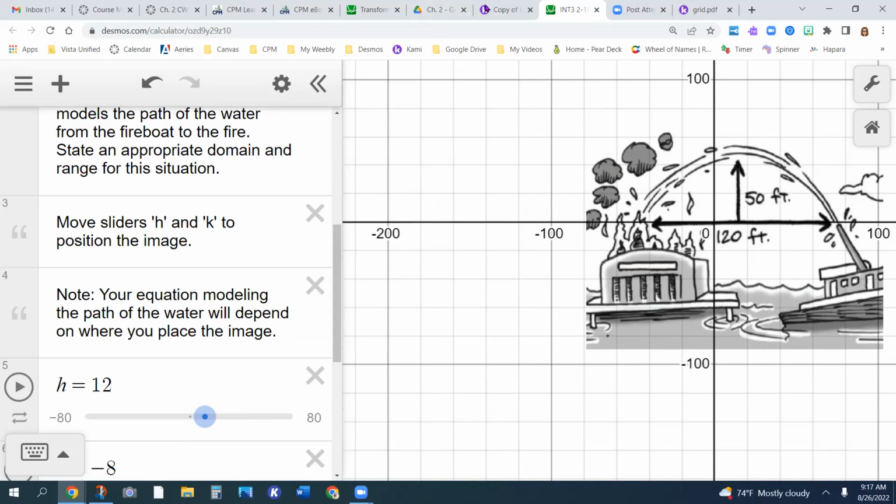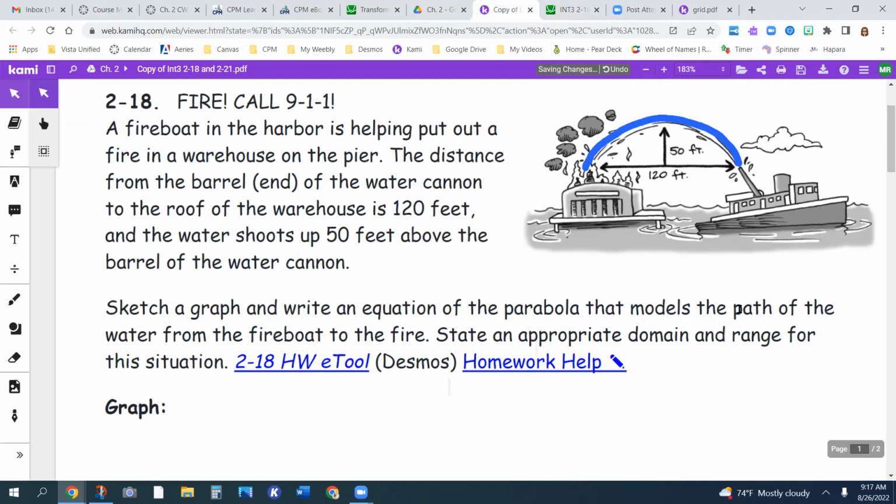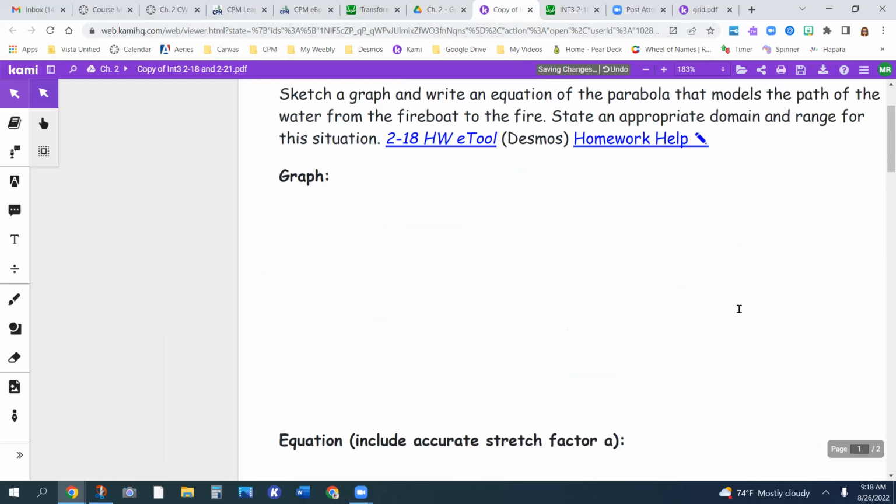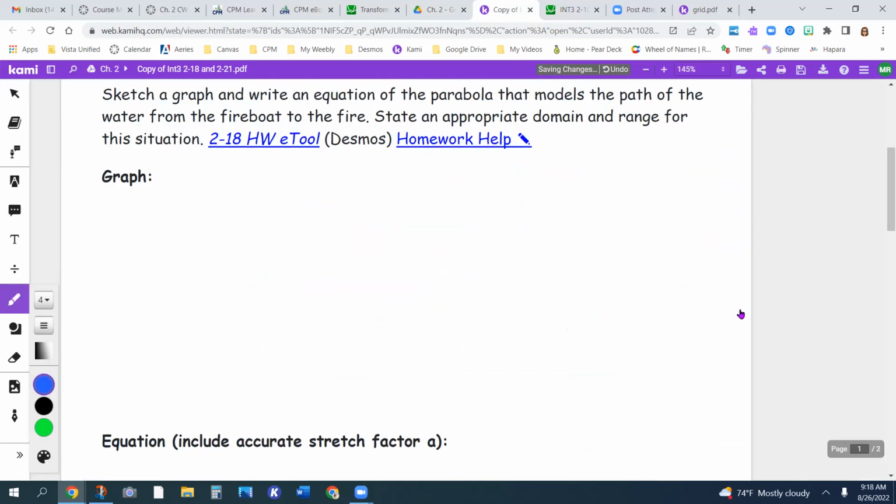So on this, if we're graphing it, let's say I do this one where I start at 0, 0. Okay.